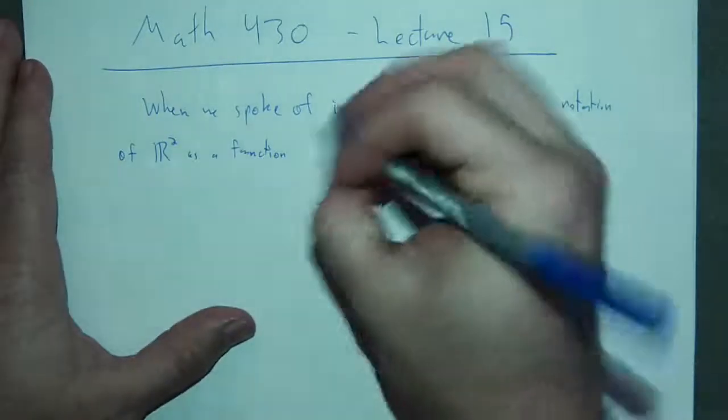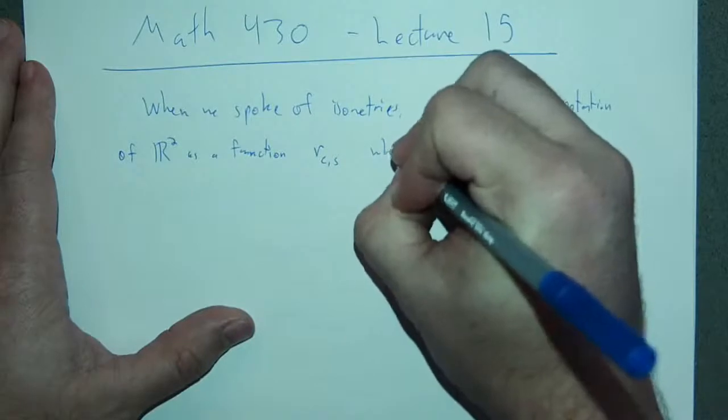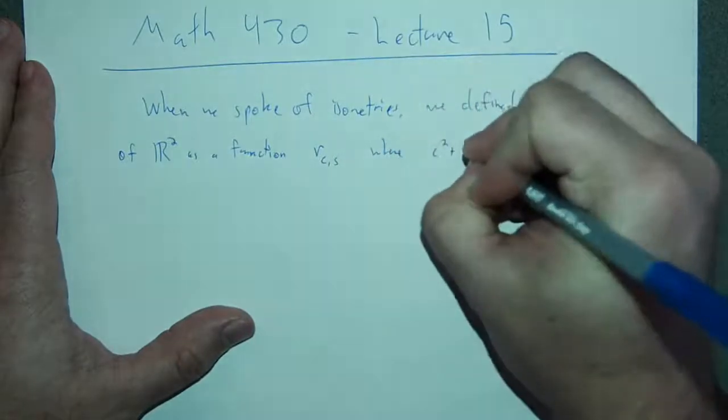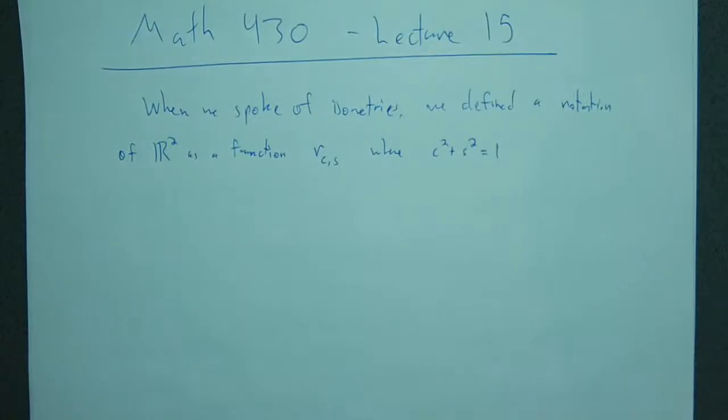So we thought about it as a function R sub CS, where C and S were 2 numbers that satisfied this fact that C squared plus S squared is equal to 1. So they satisfied the fact that they lie on the unit circle.